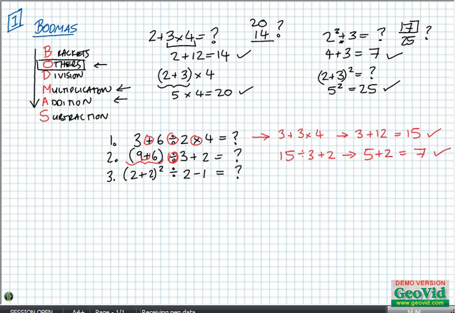And finally, example number 3. Once again, this is where people may get confused because we have brackets, but we also have a power, and then we have a division, and we have a subtraction. Okay, so simply by looking at the Bodmas rule, we know the brackets are performed first.